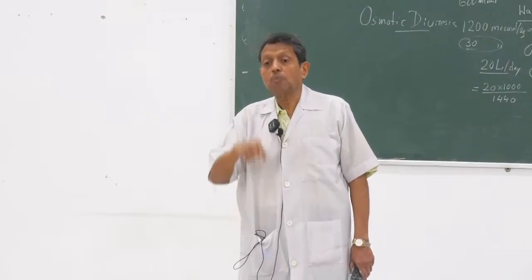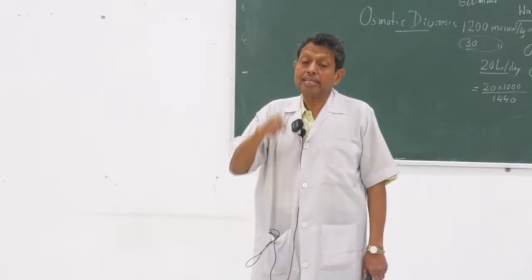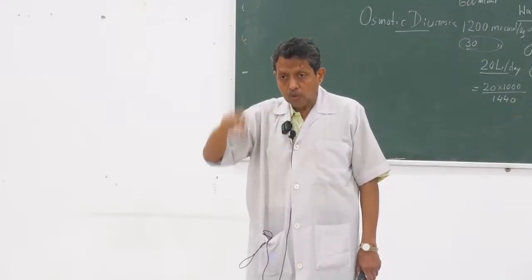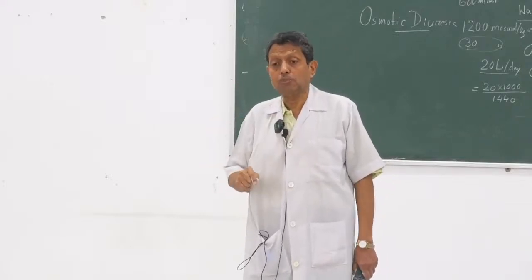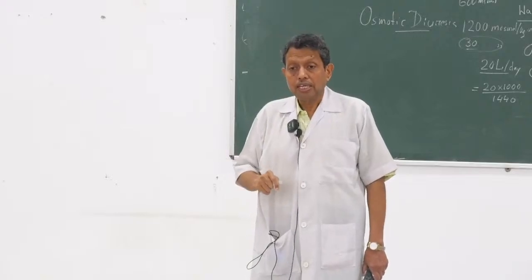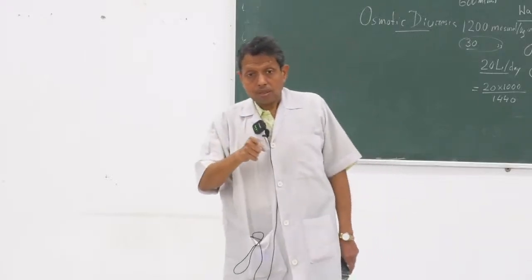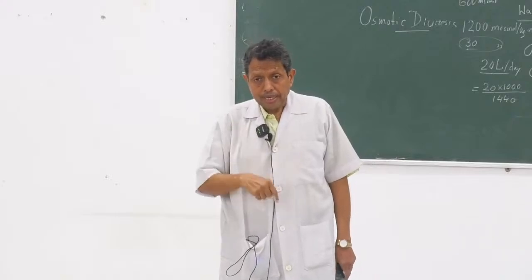So a huge amount of fluid is entering the distal nephron and the collecting tubule, and even if vasopressin is present in high concentration, it can operate only when there is a concentration gradient.